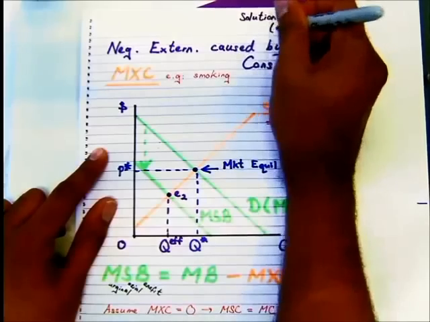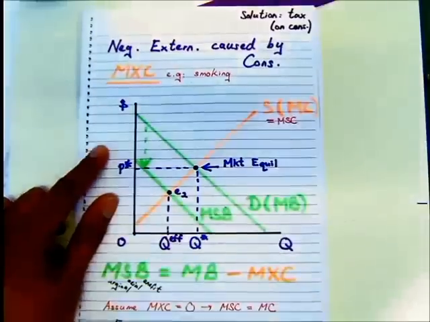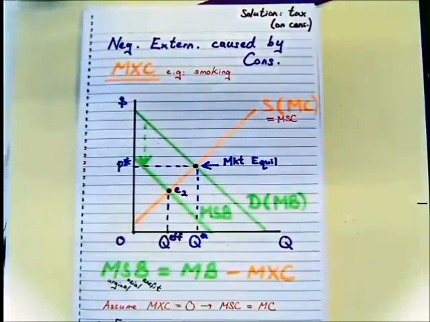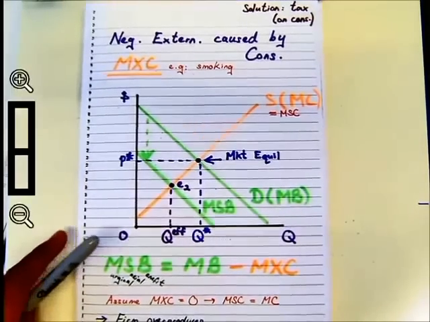Except this would now be a tax on consumers as opposed to a tax on producers. In the previous example, where the negative externality is caused by producers, the tax is on producers. In this example, the negative externality is caused by consumers, so a solution would be to tax consumers.